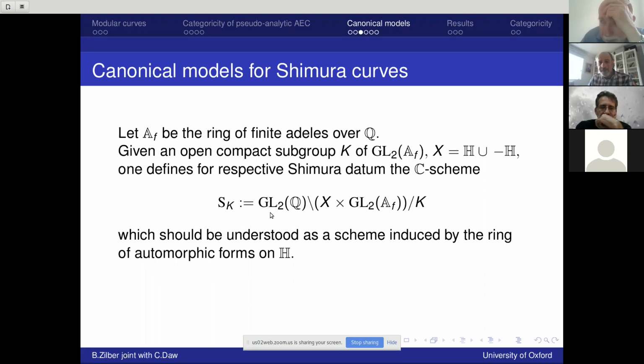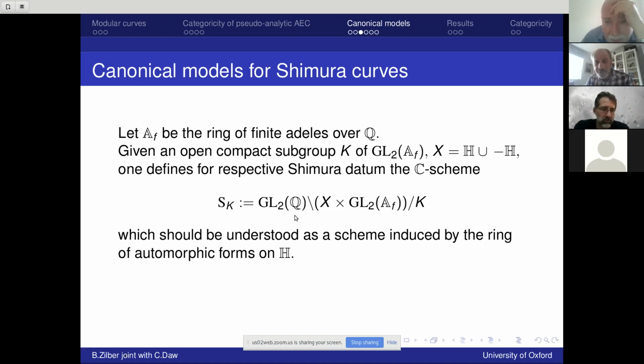Okay, so set-wise, it is just the set of double cosets, right? But it also can be considered a scheme. Well, in fact, it is some sort of complex manifold, because here you have a complex manifold, and then what happens in this whole construction is that you take many copies of this by multiplying it by this, and then glue them together in this quite complicated process, and so you get this.